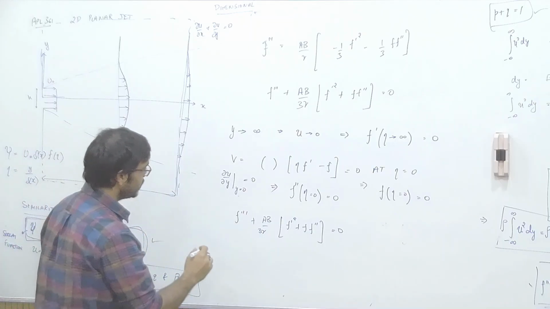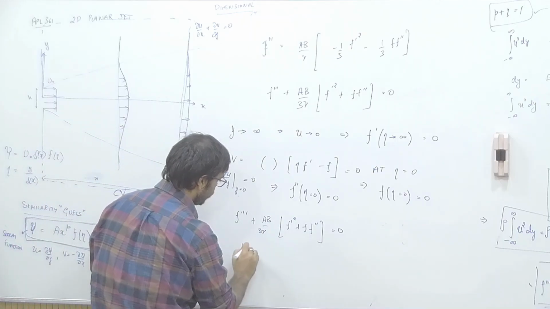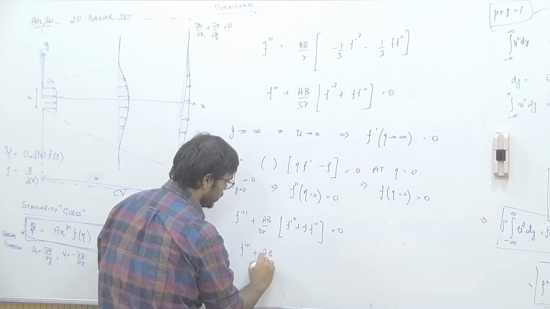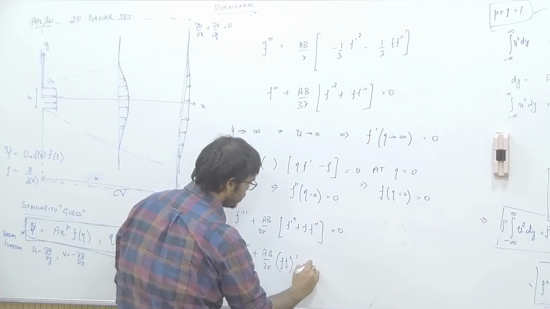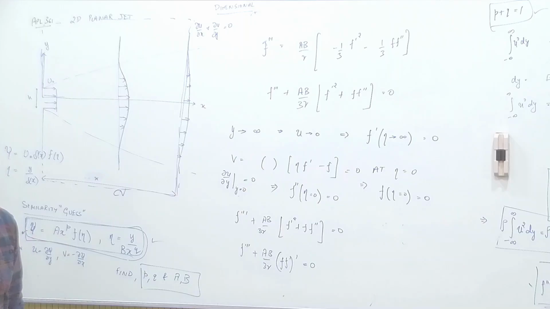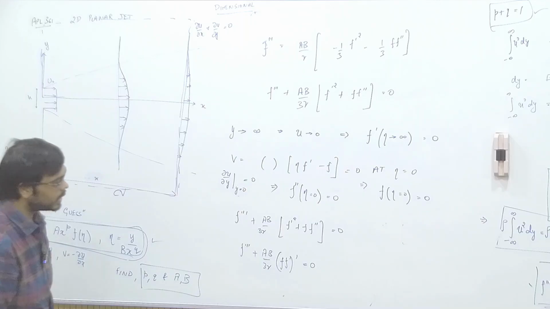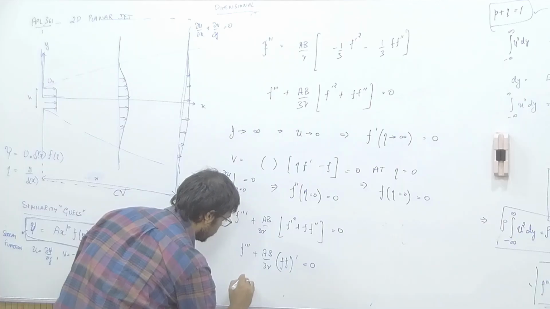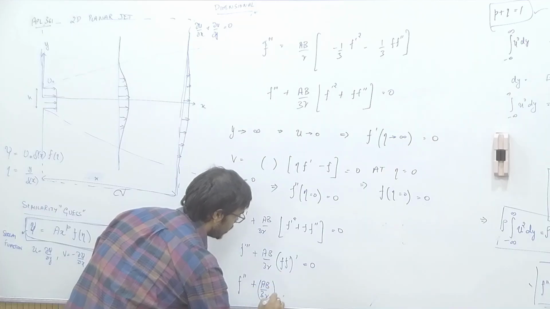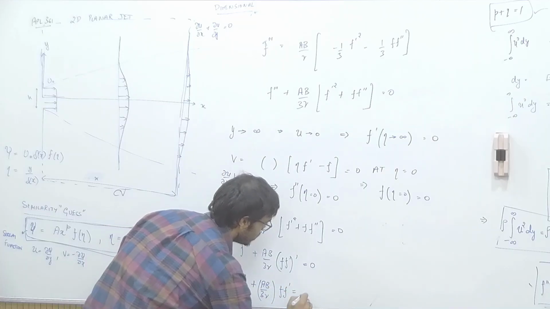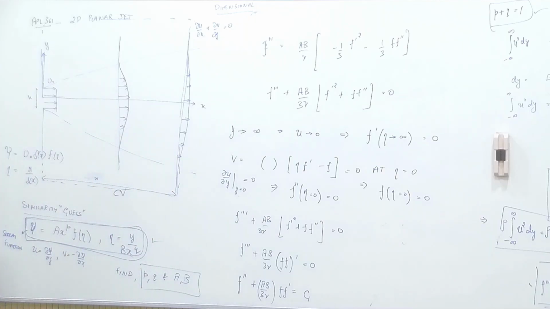Ff prime, right? So, this is basically f triple prime plus AB by 3 nu ff prime prime equals 0. So, we can at least do one integration in eta, and f double prime plus AB by 3 nu times ff prime equals a constant, let us say C1.